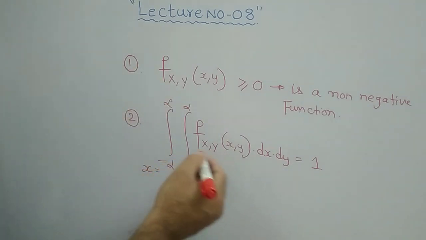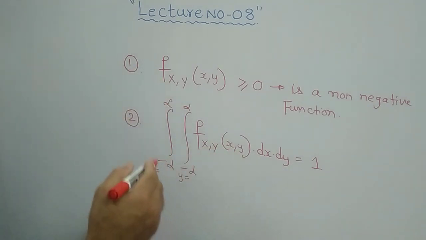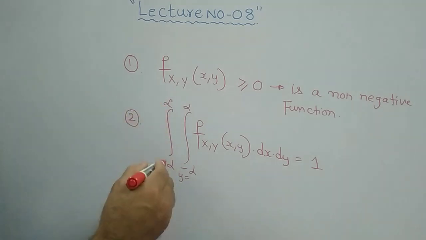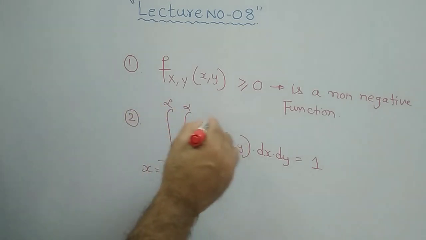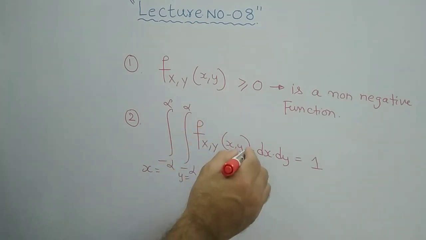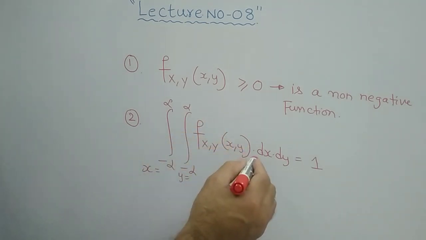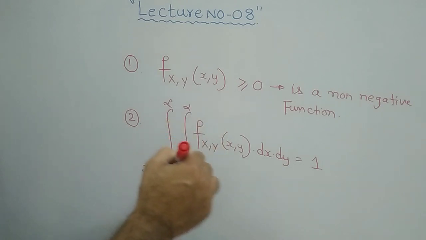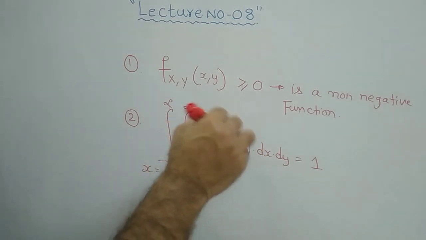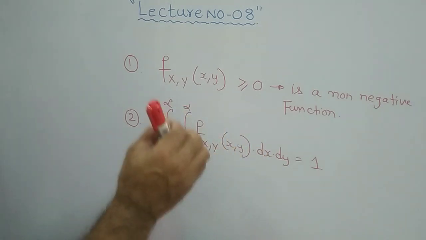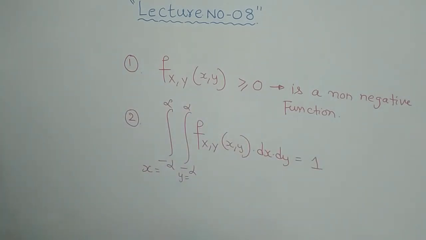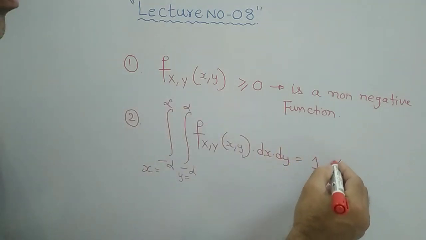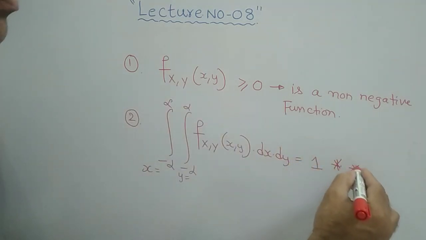As we have two random variables, this is the joint PDF of random variables x and y, integrated with respect to dx and dy. If you integrate the density function with these limits, you should get the value 1. This is a very, very important condition.